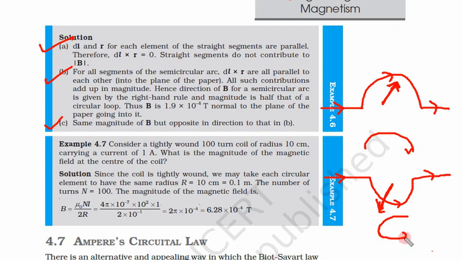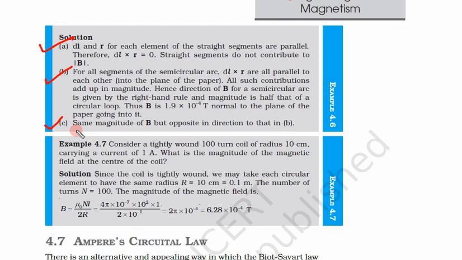If you curl your fingers in this direction, that means this magnetic field is coming out of the paper. So the magnetic field will remain the same, the same magnitude of B but opposite in direction. So only the direction changes. Previously it was inside the plane of paper, this time it will be coming out of the plane of paper, but the magnitude will remain the same.